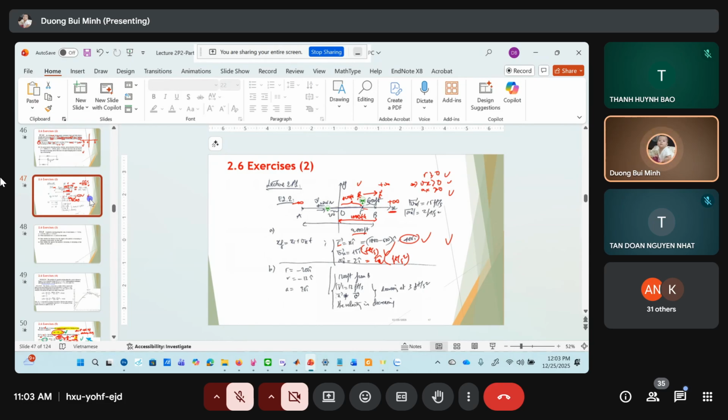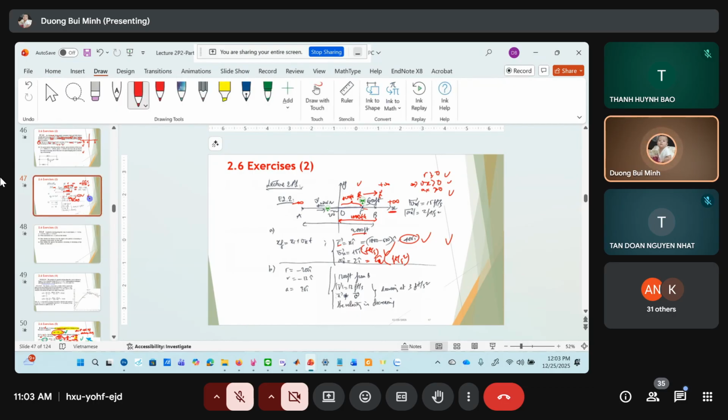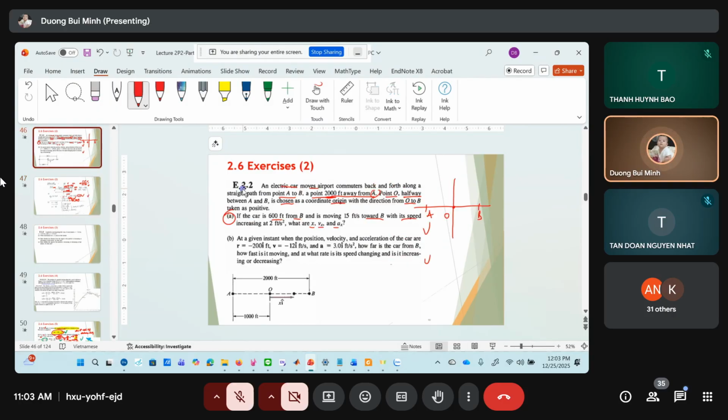Maybe you need to give me more explanation, or you can answer this exercise and send it to me. I will give you some feedback, because I think we need to follow the description of the questions. So here, we have back and forth along a straight path between point A and point B. This is point A, this is point B.